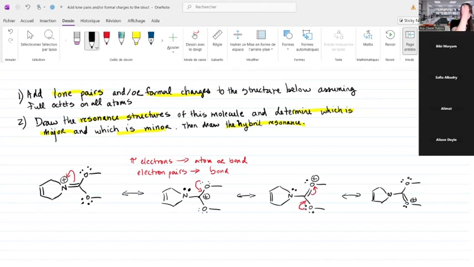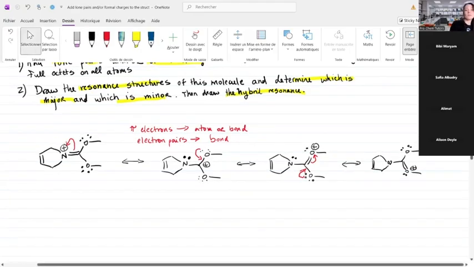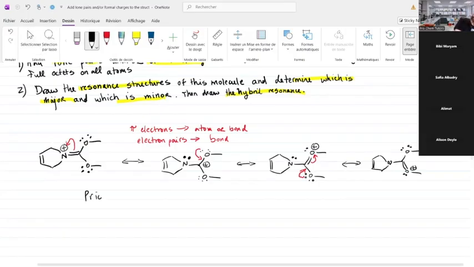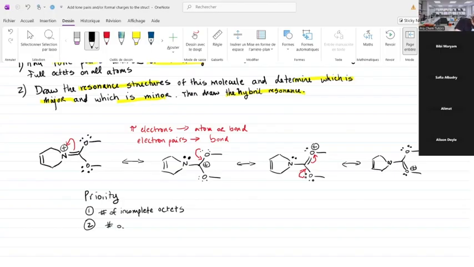Now, that terminates the first part of the question, which is to draw the resonance structure. Now, a bit more tricky is determine which is major and which is minor. So there's 4 rules to determine this. And in priority, what they are is the following. So first, you want to look at the number of incomplete octet. Second, you want to look at the number of charges.